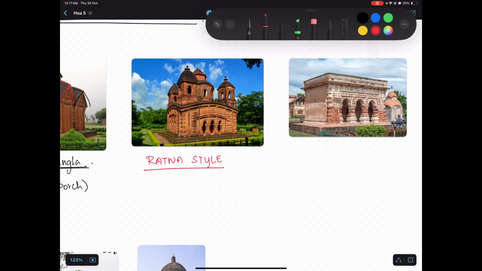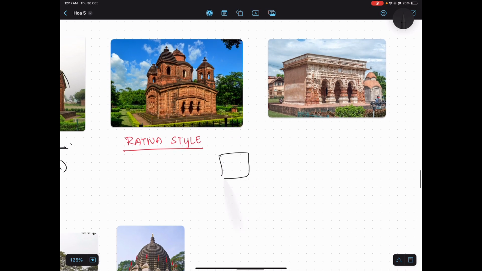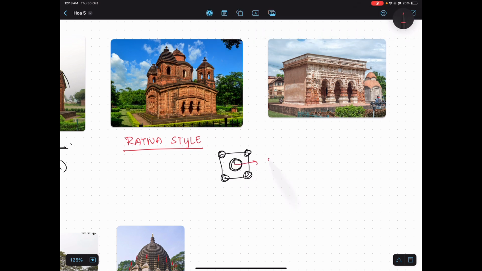The main feature of this is that it had a central tower and 4 towers at the corners. If it had just 1 tower, then it is known as Ekaratna, and if it had 4 towers supporting the central one, then it is Pancharatna.